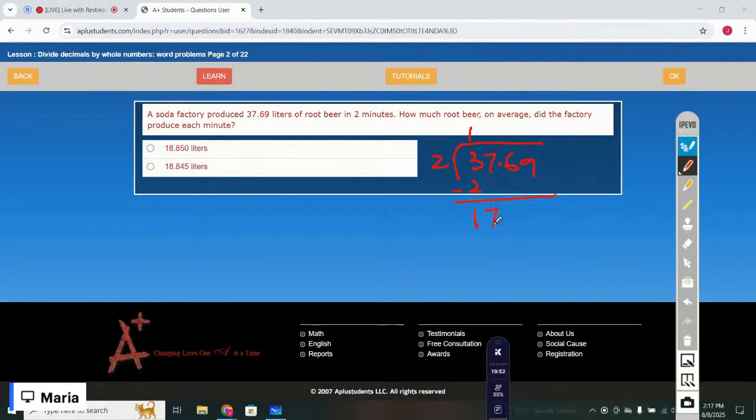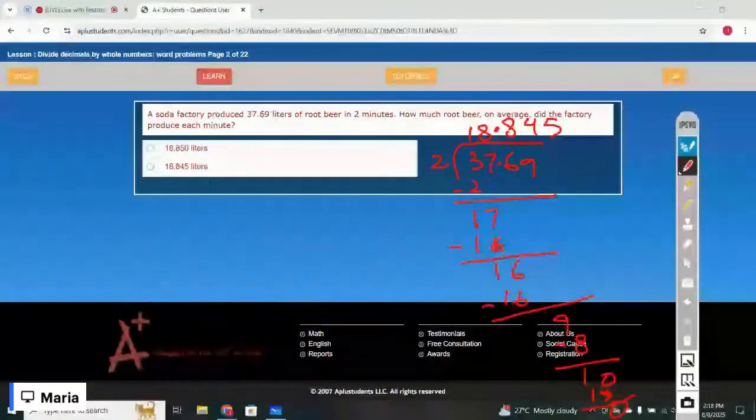Now bring 7 down. That's why I added a 0. So that is 18.845.